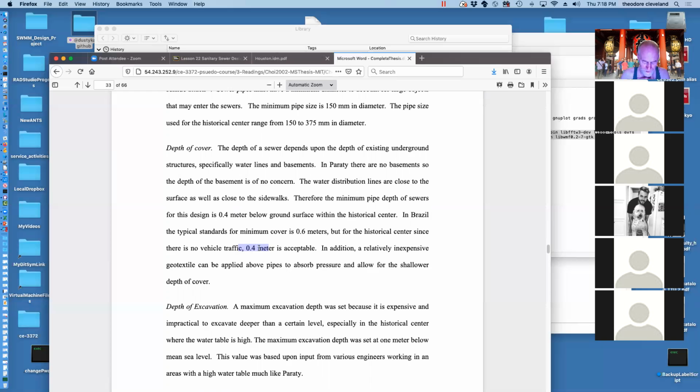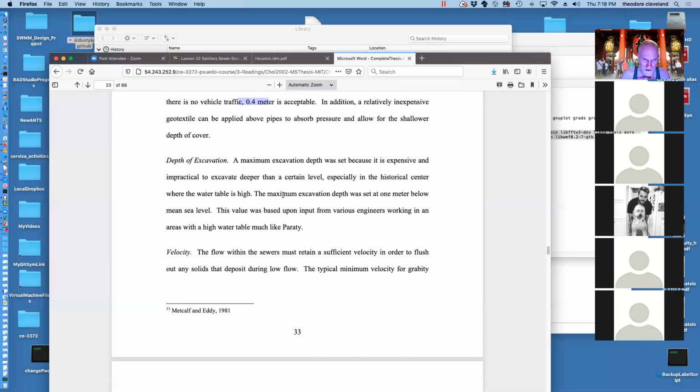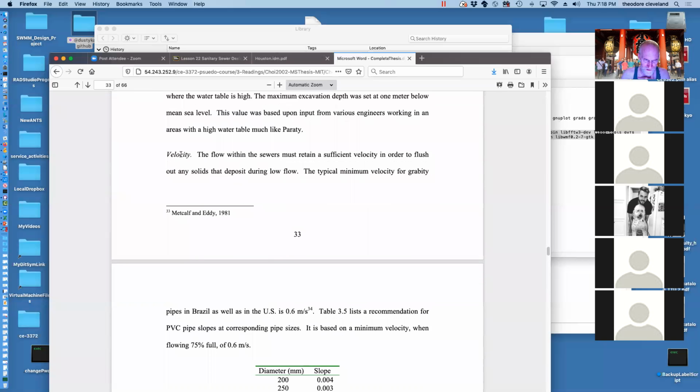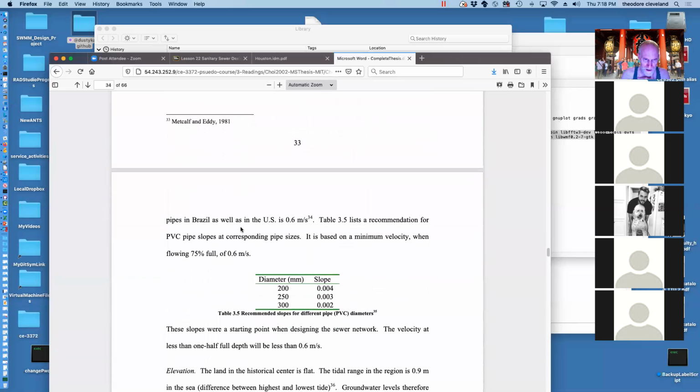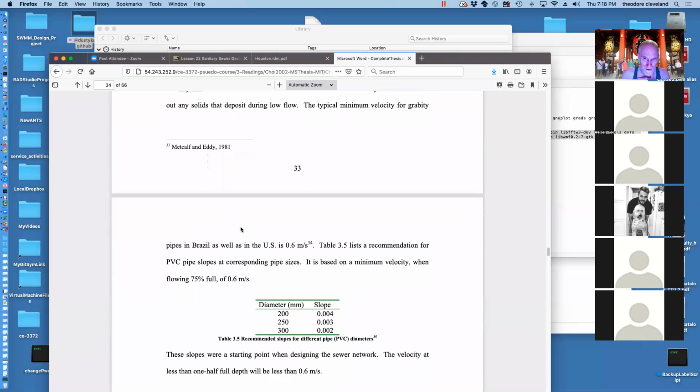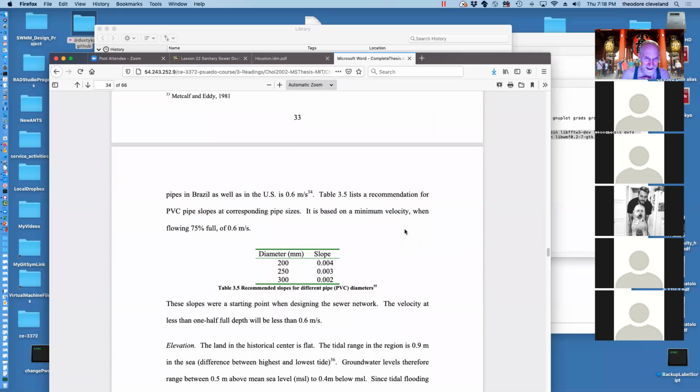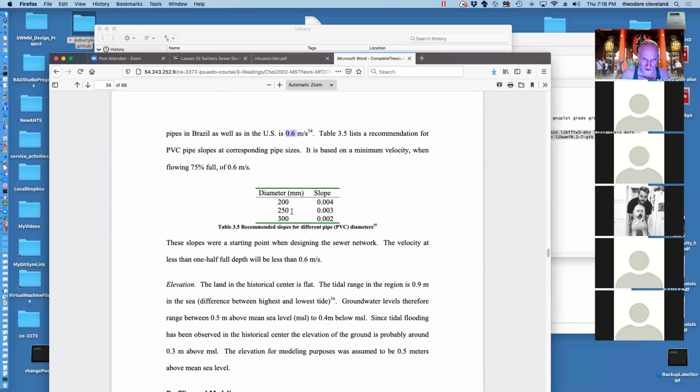So the shallow burial depth makes sense. Depth of excavation and the velocity requirement. Gravity, that's cute. 0.6 meters per second flow velocity, and then there's a set of recommended slopes based on diameters. So this was the starting point.